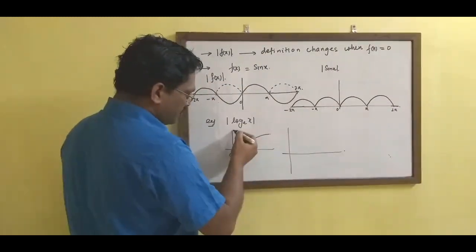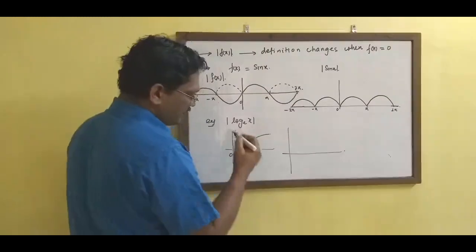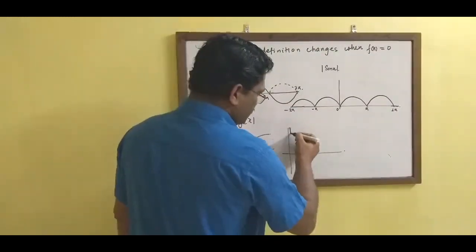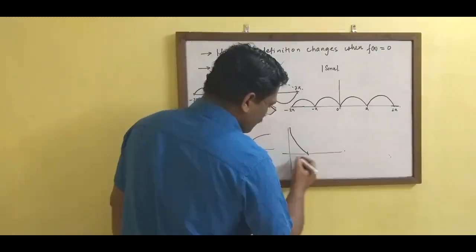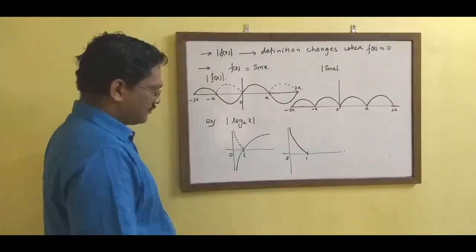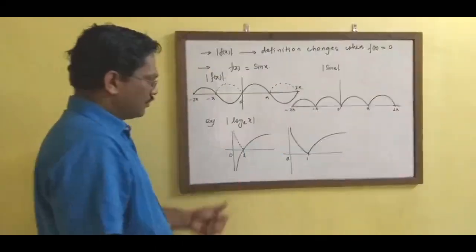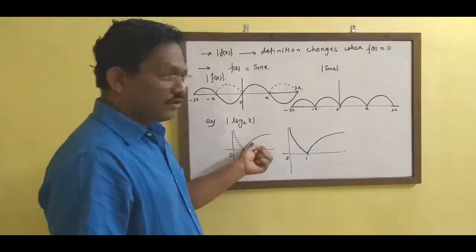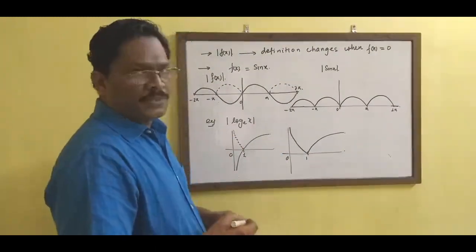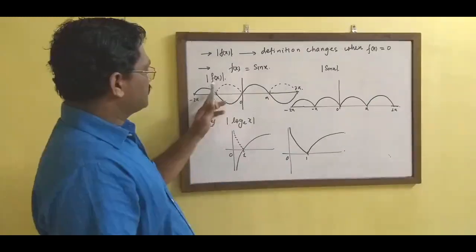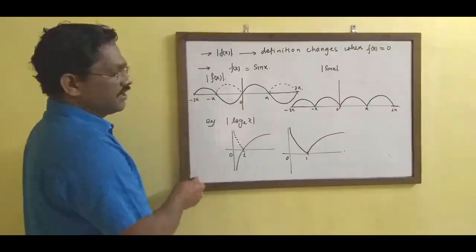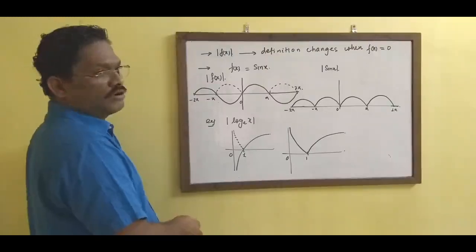So reflection of this part, you will get something like this. So that means I'll be drawing here. From 0 to 1, it is going to be like this. And from 1 onwards, the original graph of log x is going to be retained. So this is what you will follow, a simple technique for drawing the graph of mod f(x).